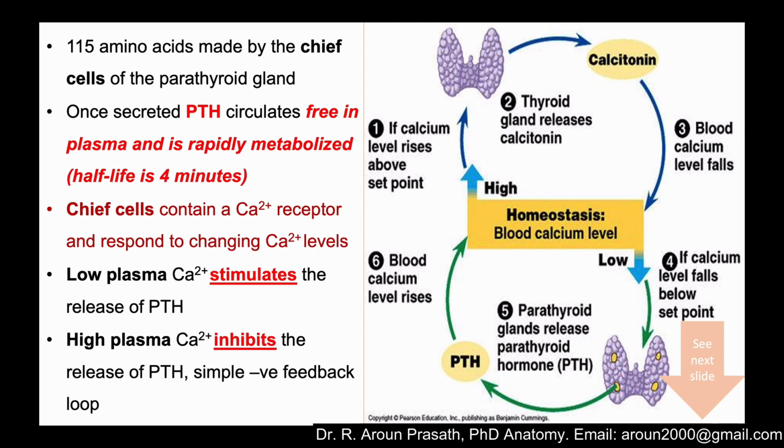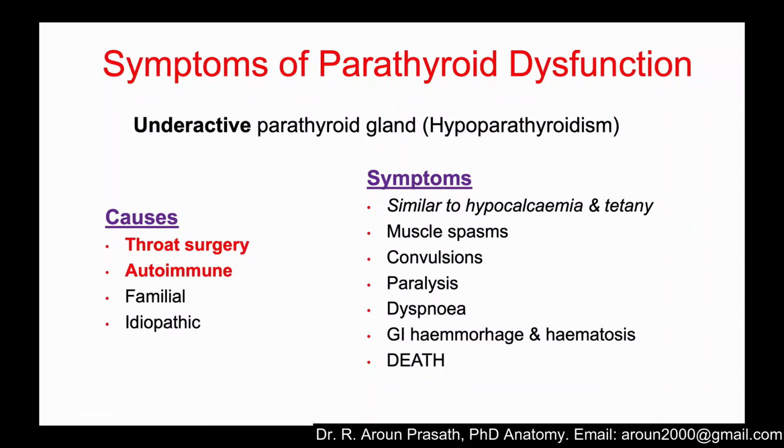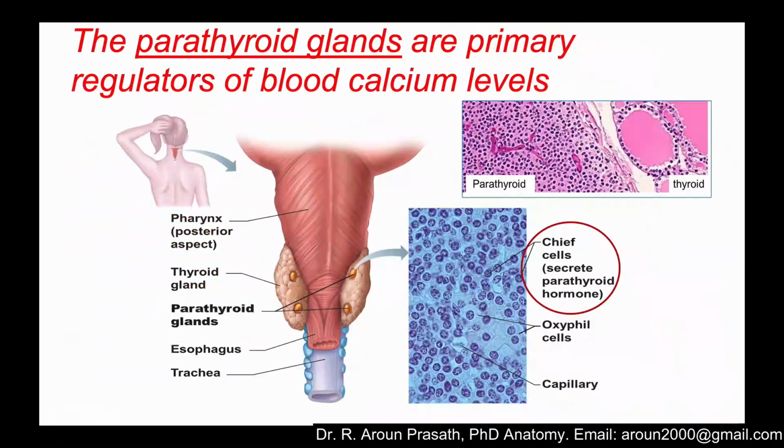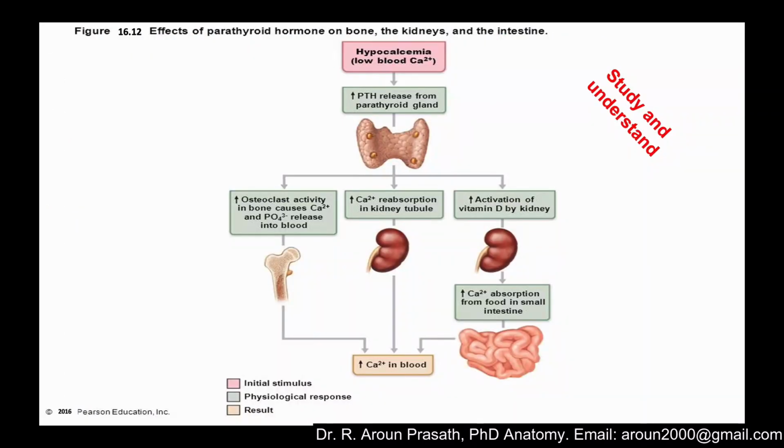This is a negative feedback mechanism where the release of calcitonin and parathormone is controlled. Suppose, for example, there is less calcium in the blood, what happens?